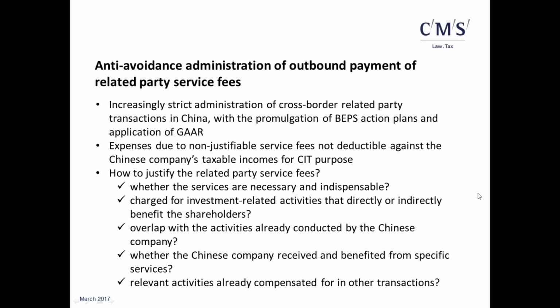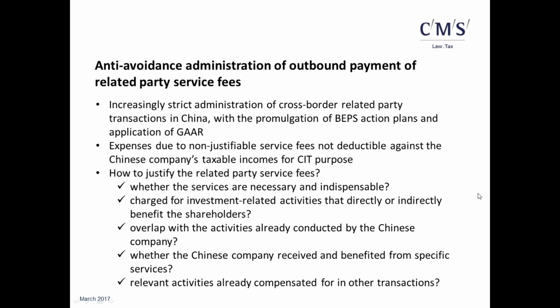Because without the services provided by the holding companies, the PRC subsidiaries can do it themselves, and with these services provided by the overseas companies, it seems that the PRC subsidiaries do not get any value-added benefits. Then, under such a circumstance, the service charges may be challenged by the tax authorities as unreasonable.